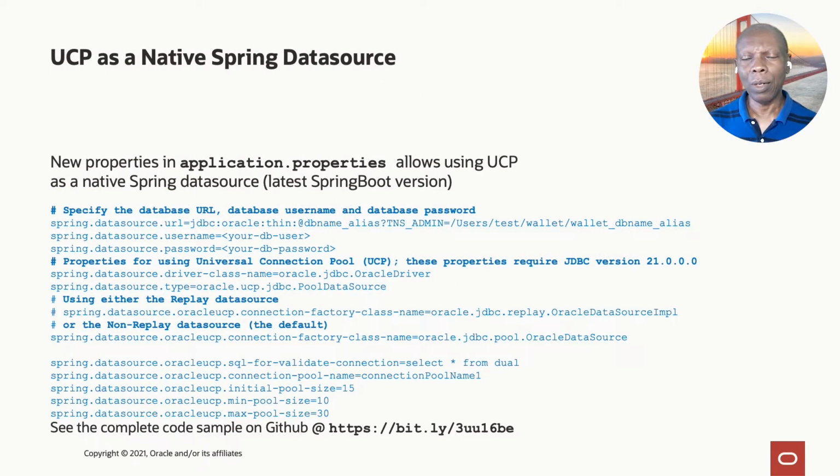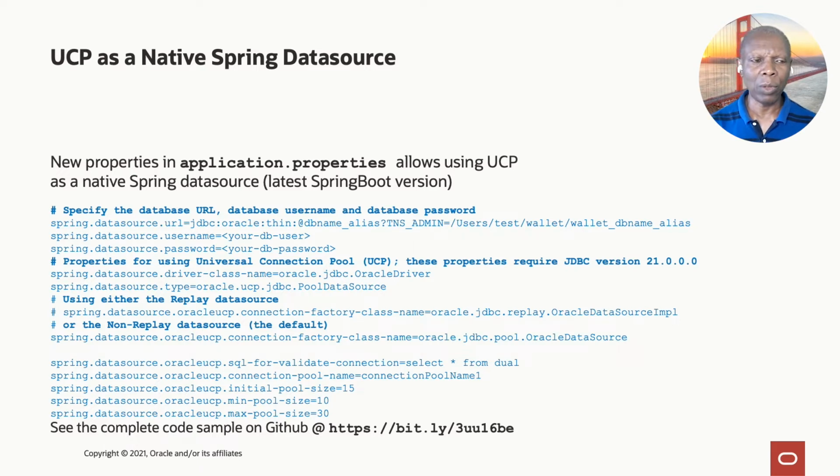Now, how to turn the Universal Connection Pool, which is the Oracle Database Java connection pool, into a native Spring data source? We've made some changes; we've made some developments in the UCP code to make that possible. What you need to do is get your application.properties. That application.properties must be in the project root, src/main/resources. That's the resource folder of your project.